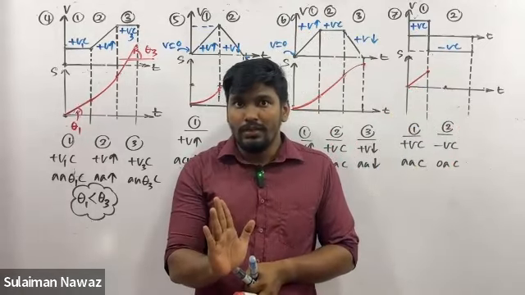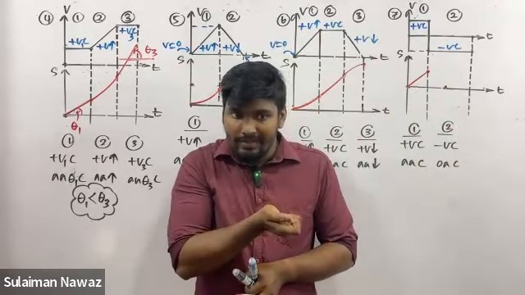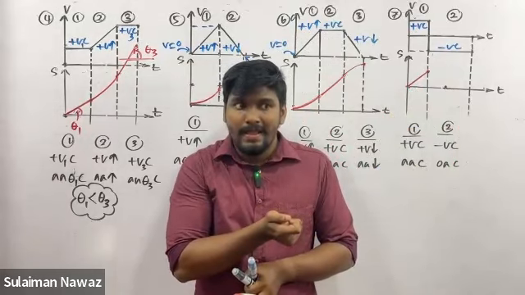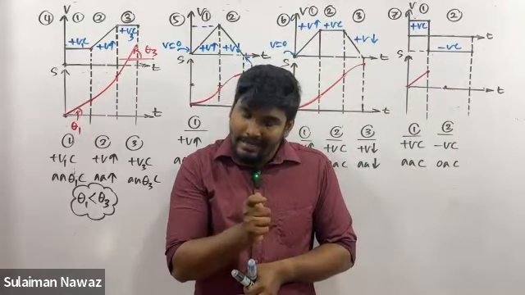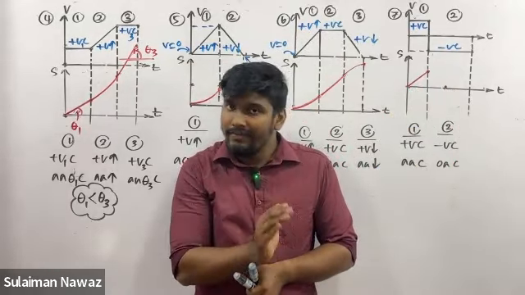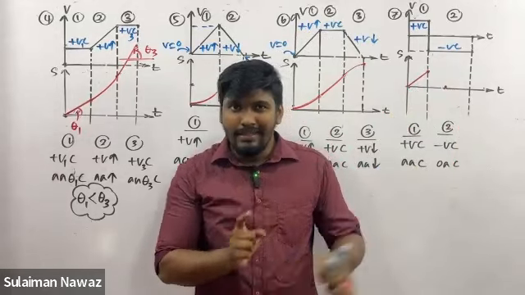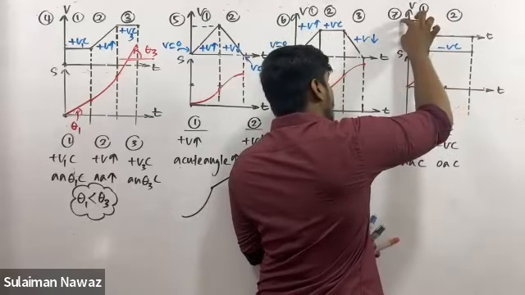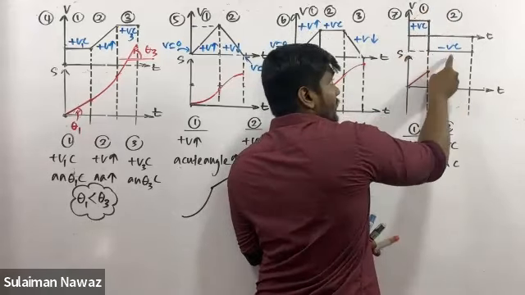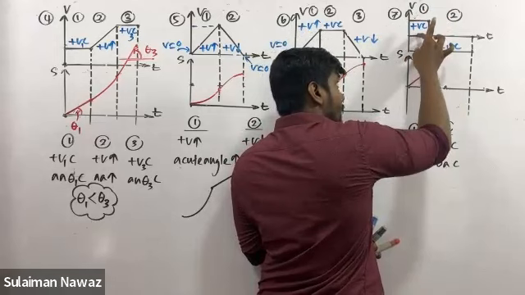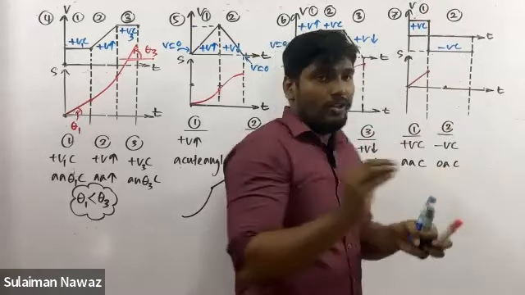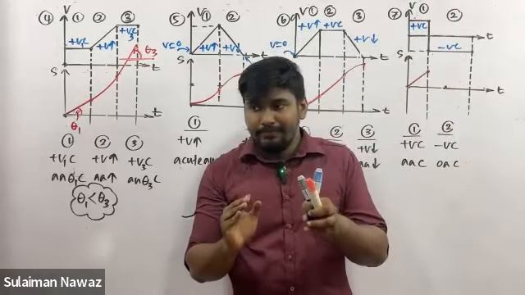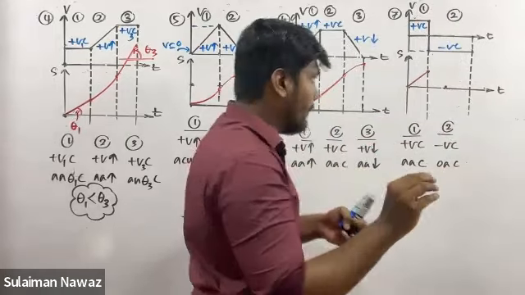Positive velocity means right side direction, negative velocity means left side direction. But just think about the y-axis. The magnitude is plus 5 m/s, negative velocity means minus 5 m/s. This gap is same. I will tell you small important points now.